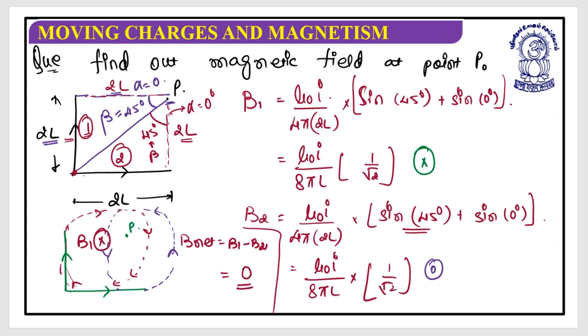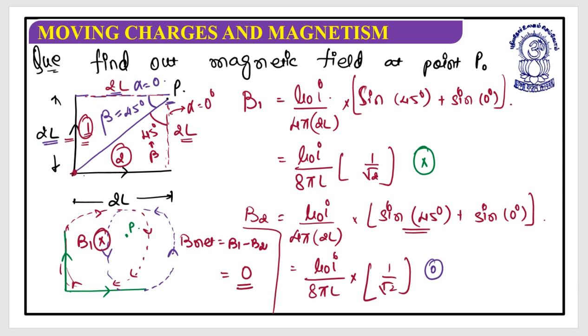So what you need to do is keep things very, very simple. Always work on a one-on-one basis: when more than one segment is there and you need to find the magnetic field due to these segments, simply take any one conductor, find the magnetic field, first work for the magnitude and then for the direction, then work for the second conductor, find its magnitude and then its direction.